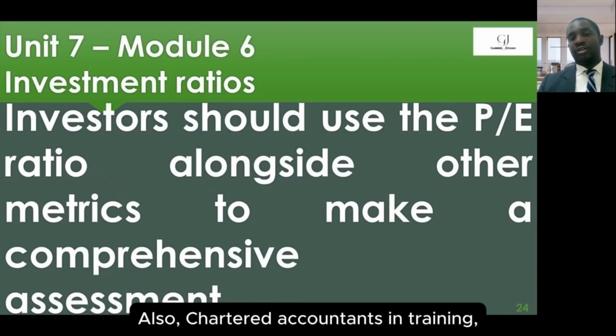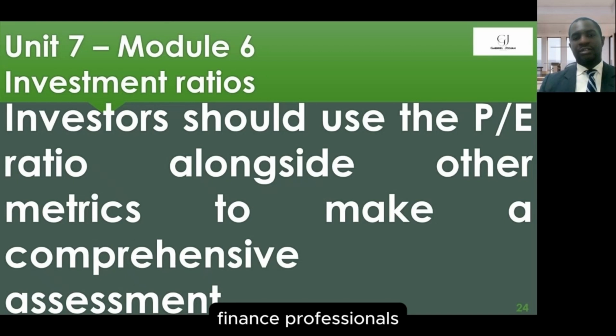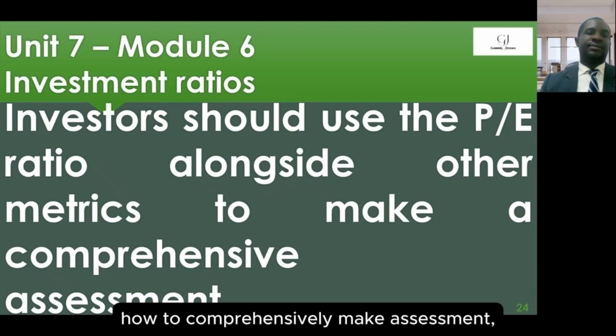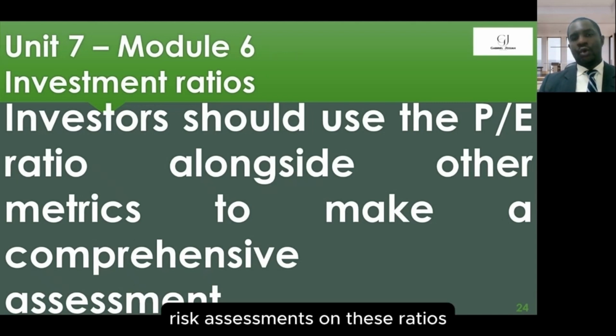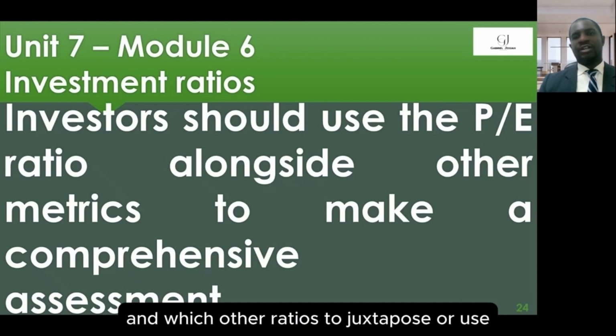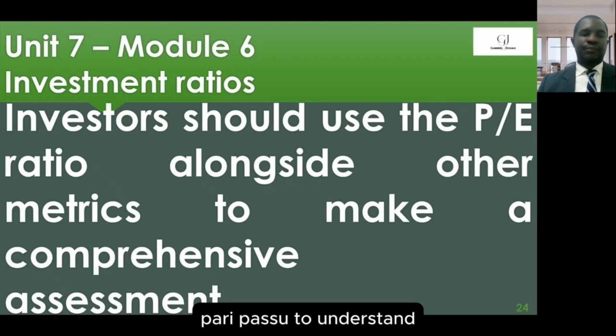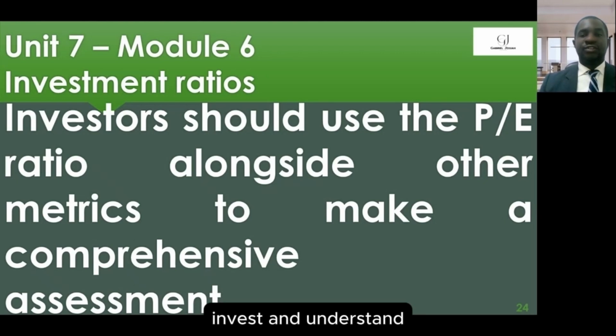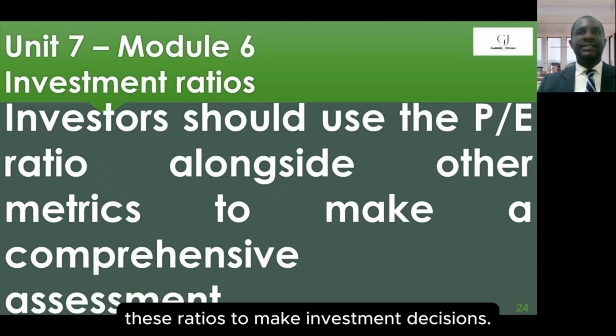Also, chartered accountants in training and finance professionals can advise investors and the company on how to comprehensively make risk assessments on these ratios, and which other ratios to juxtapose or use pari passu to understand these ratios to make investment decisions.